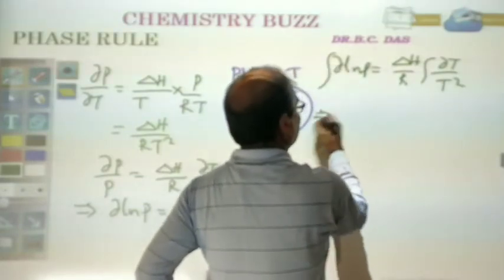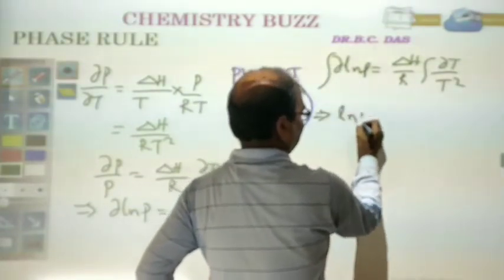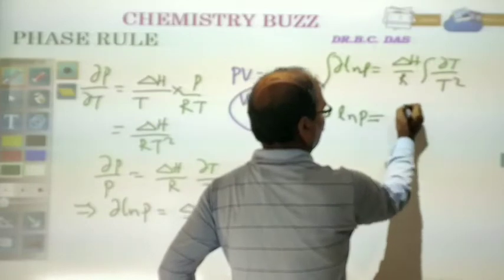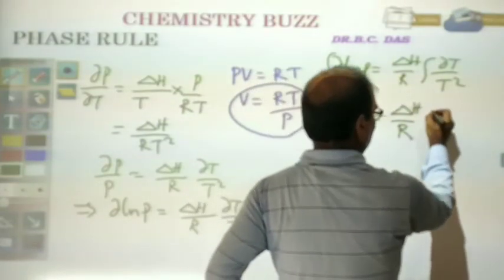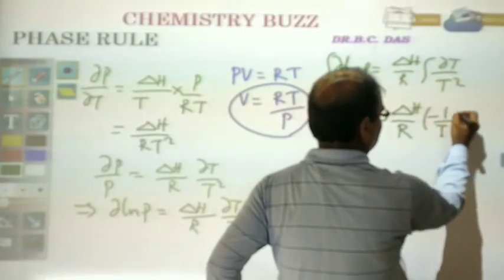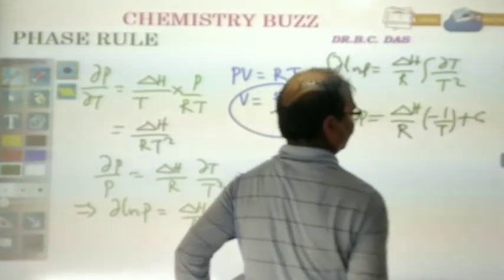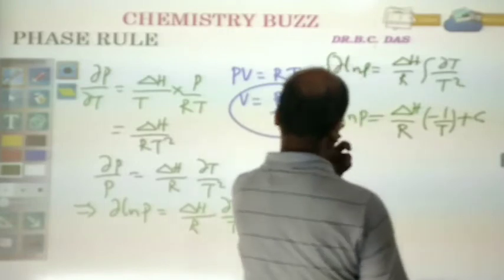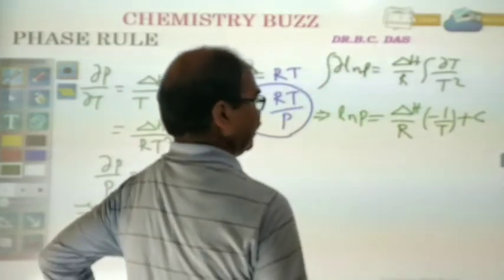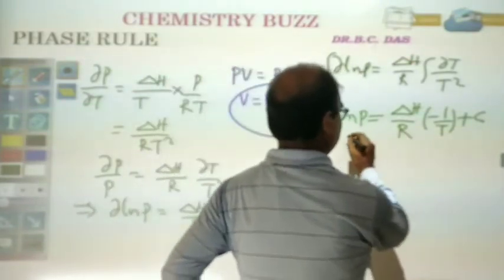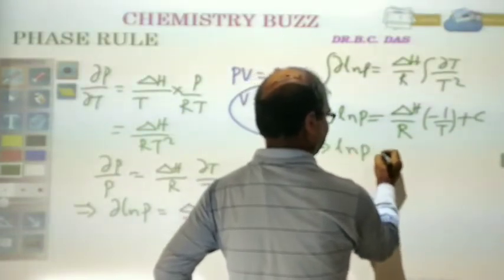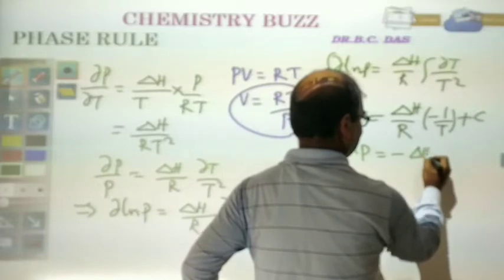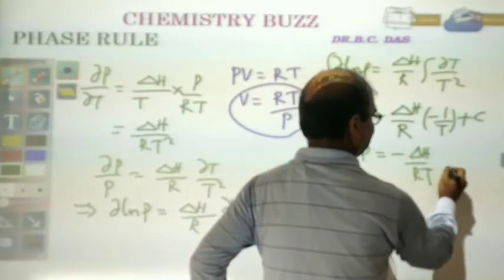So this gives ln P equal to delta H by R into minus 1 by T plus C, where C is the integration constant.